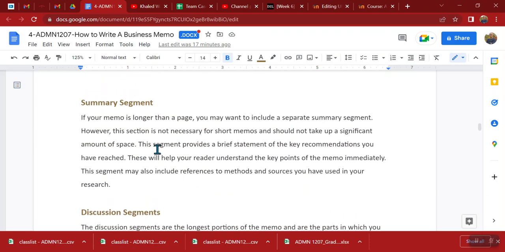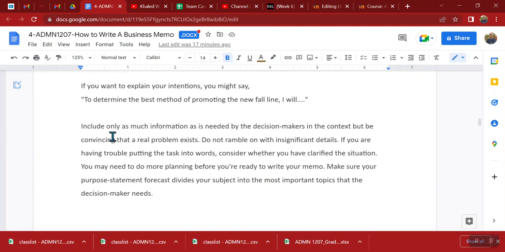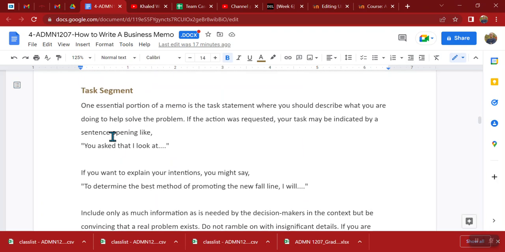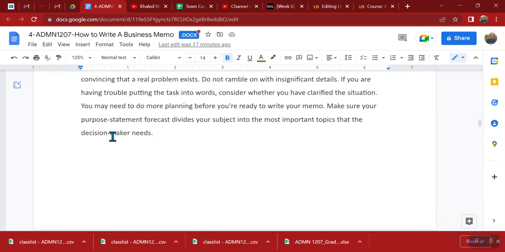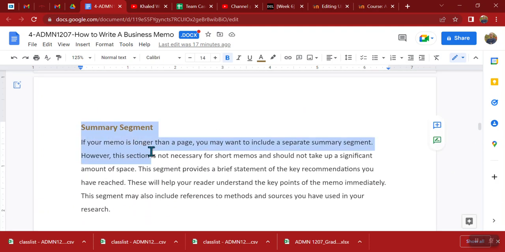Sometimes, if it happened, but it shouldn't happen in your case in this course, but in business, in reality, sometimes this part up here in the previous task could take really longer than 1 page. So you need to write here what they call the summary segment.